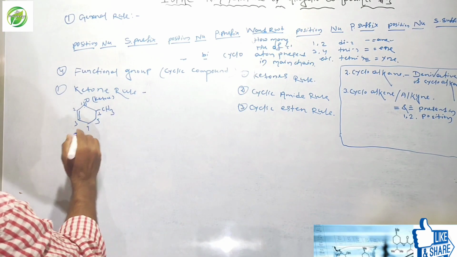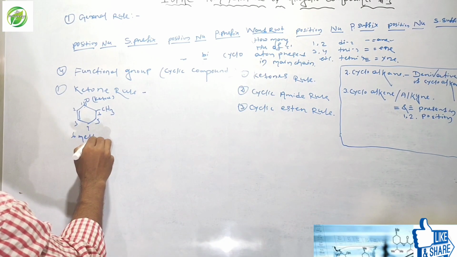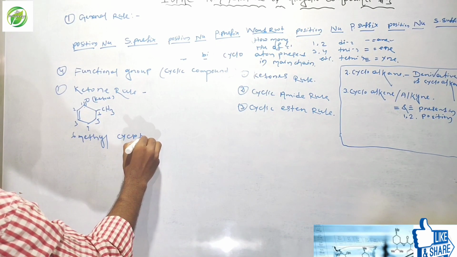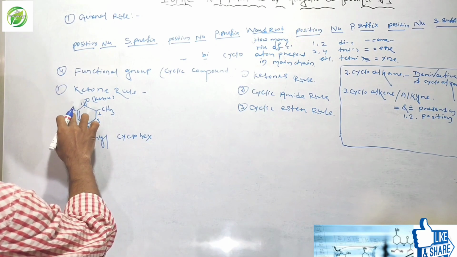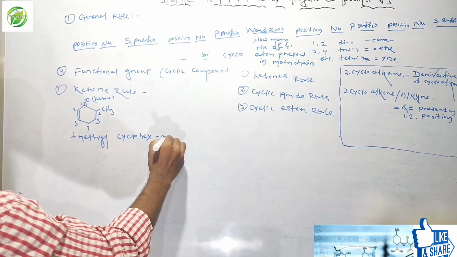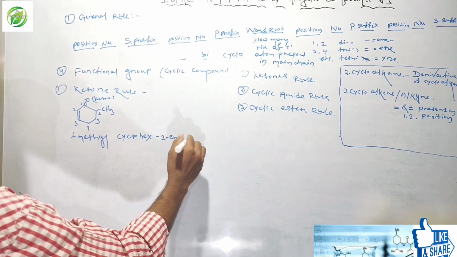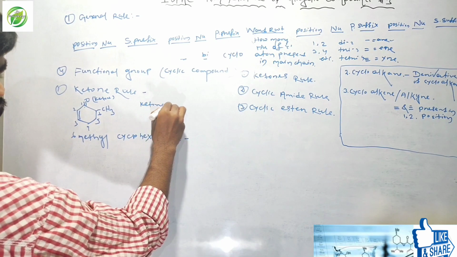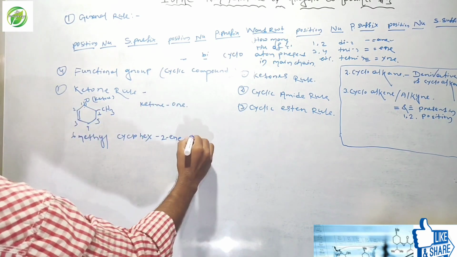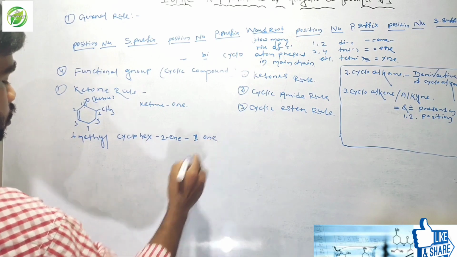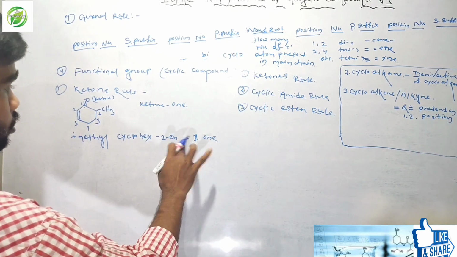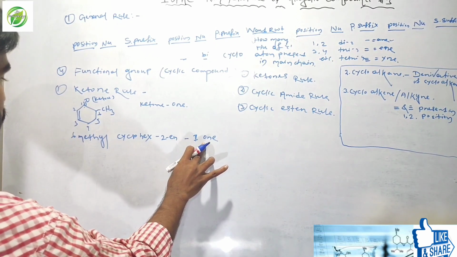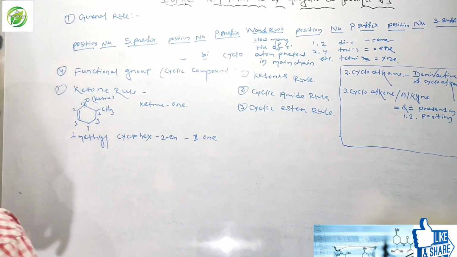So the resultant name of this compound is 6-methyl cyclohex, the double bond is in second position, so ene, and for ketone we use one in position 1. We omit this E because two vowels are not present in the same position.